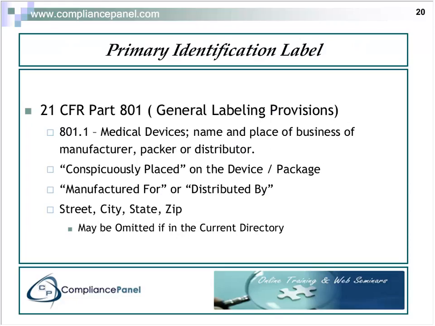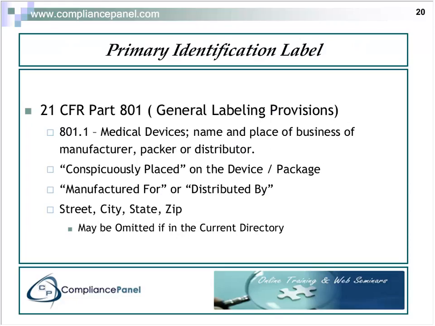So a primary identification label is required for all medical devices, either on the device itself, which is preferred, but obviously people can't put big labels on every device. And this is found in 21 CFR Part 801, which are the general labeling provisions for medical devices.